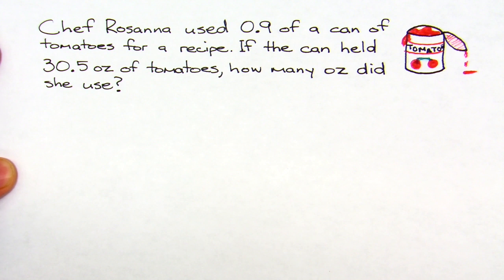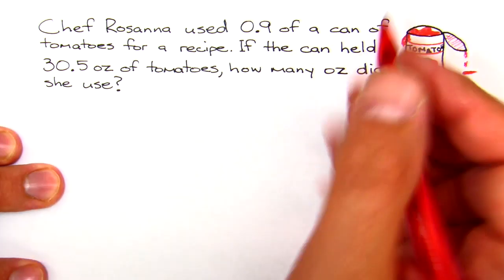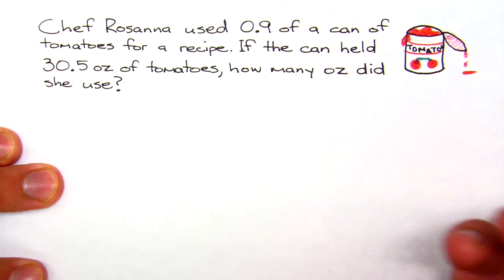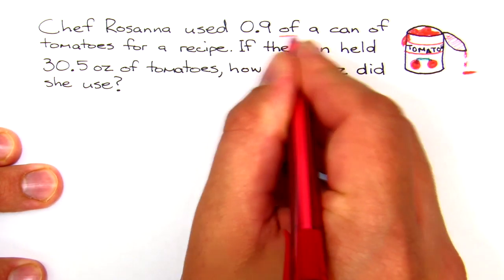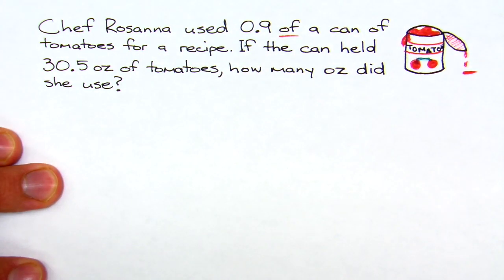So in this situation, there's one word that really is a clue to what we're supposed to do in terms of add, subtract, multiply, or divide. That key word is, I'm going to use red since we're talking about tomatoes, the word of.